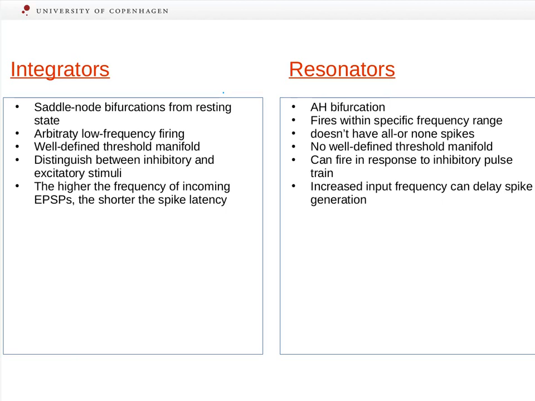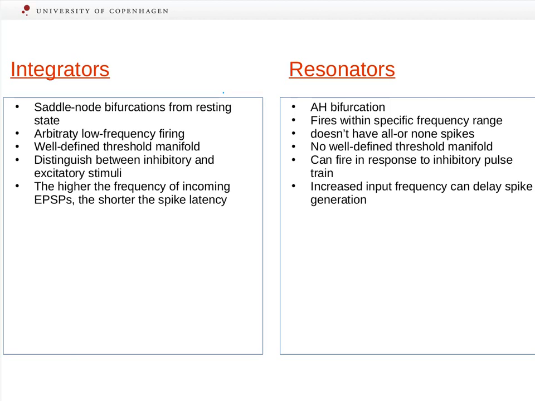And they integrate over their incoming currents, and the higher the EPSP frequency, or excitatory postsynaptic current frequency, the sooner they'll fire. On the other hand, resonating neurons make the resting spike transition via Andronov-Hopf bifurcations.